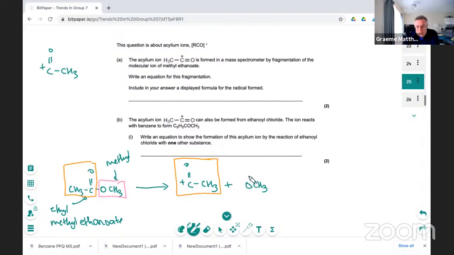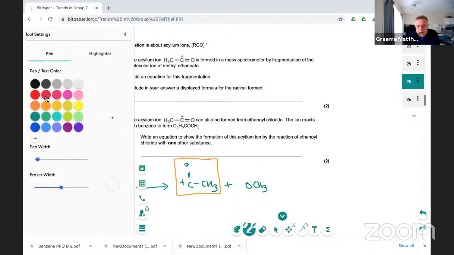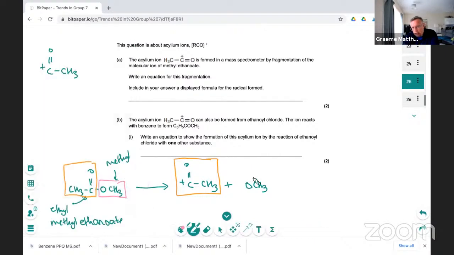Now, in pink, the tripwire is on this one. As soon as you see a mass spectrometer, you think plus one charge on the ions, and so it's my methyl ethanoate right there. See this bit?